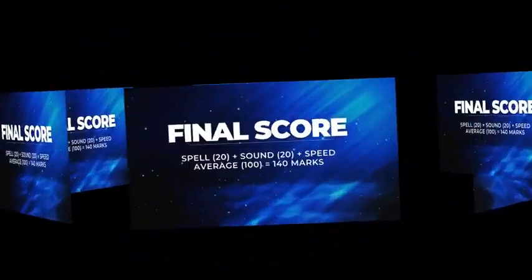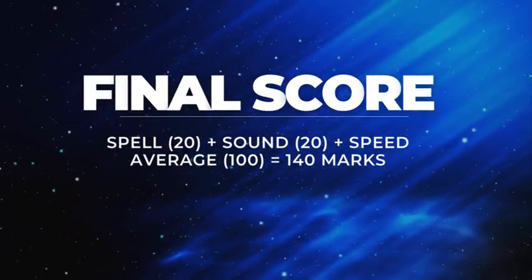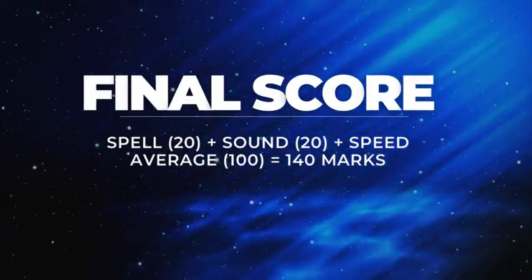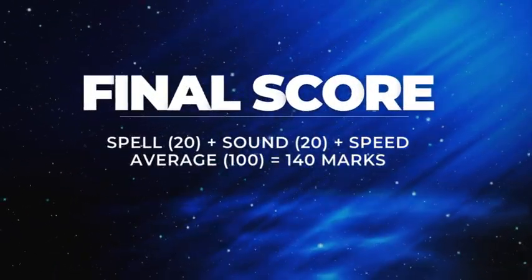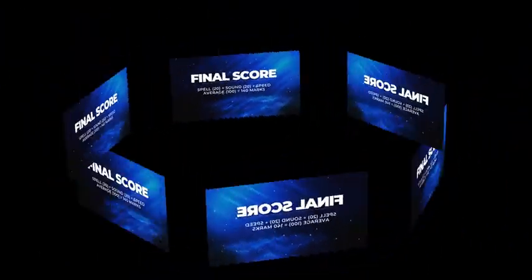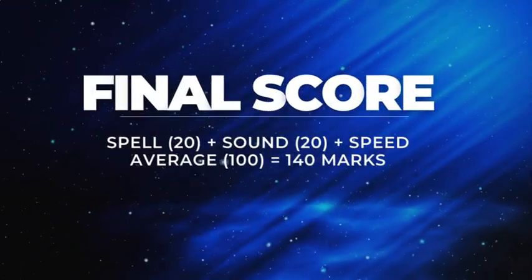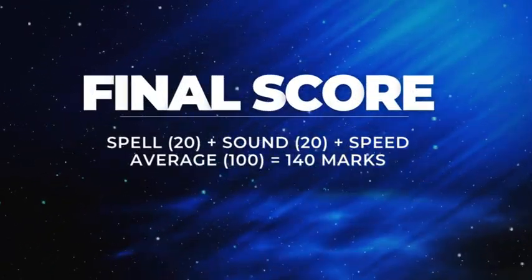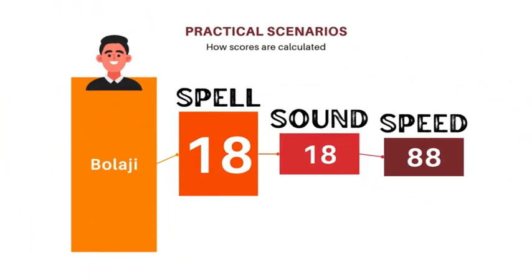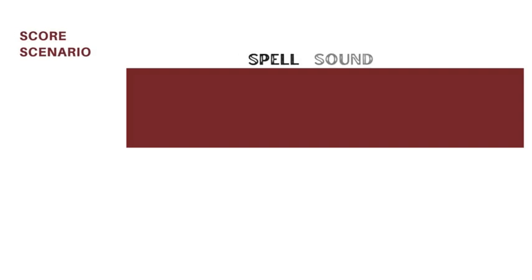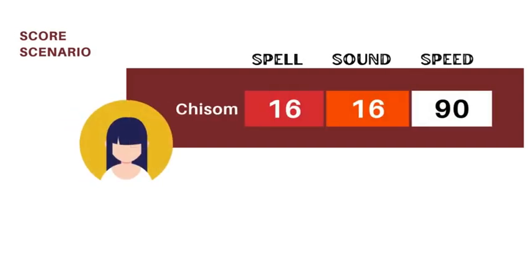Out of a possible 140 marks. To calculate the speed round score, all judges' individual scores are averaged. If 3 judges award 80, 82, and 78, the speed round score is 80. That 80 is then added to whatever the contestant scored in rounds 1 and 2.